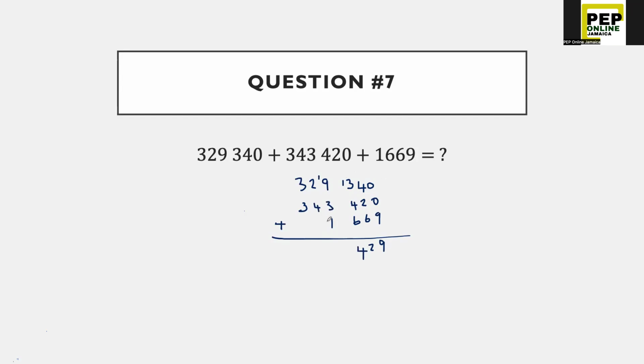Awesome. 3 and 1 is 4, and 9 will give us 13 plus 1, sorry, that's 14. Yes, 14. R1. 4 and 2 is 6, and 1, 7. And 3 plus 3 will give us 6. So our answer right there is 674,429.